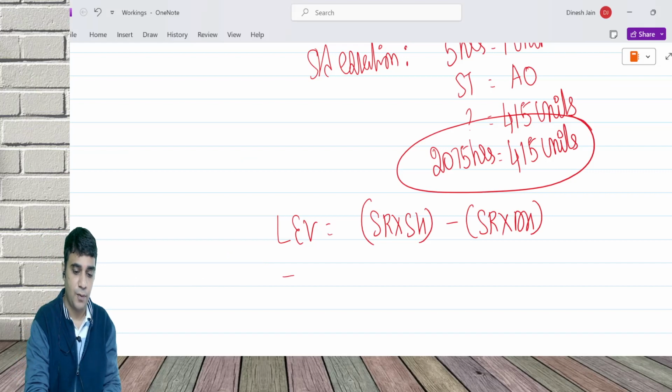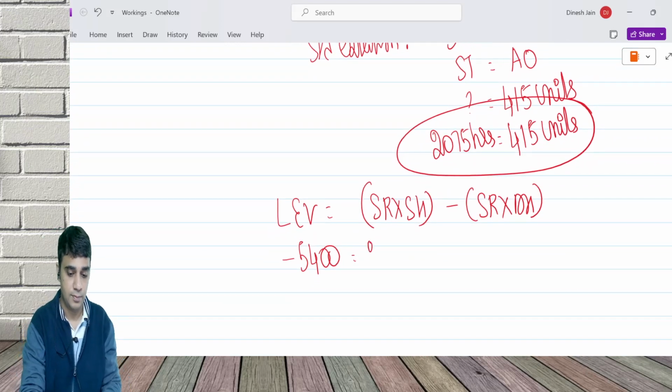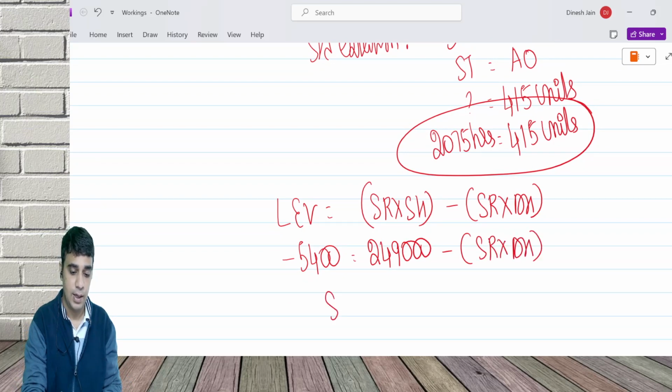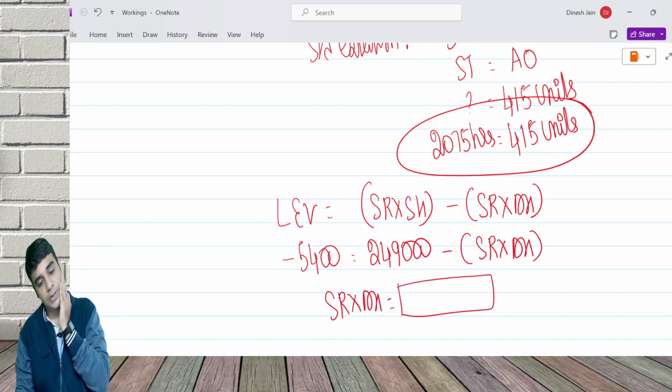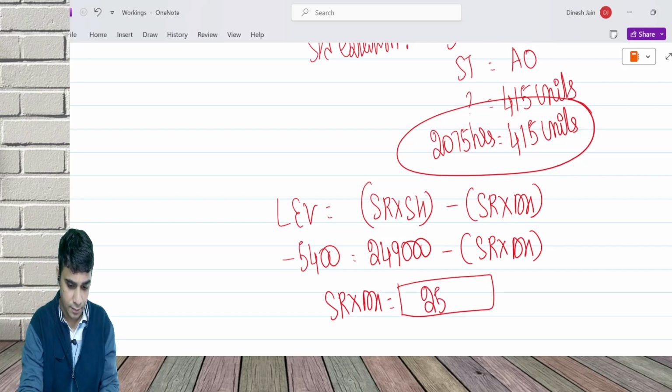Minus 5400 is equal to 2,49,000 minus SR into AH. SR into AH is the balancing figure. How much is SR into AH? 2 lakh. Put that in the table.